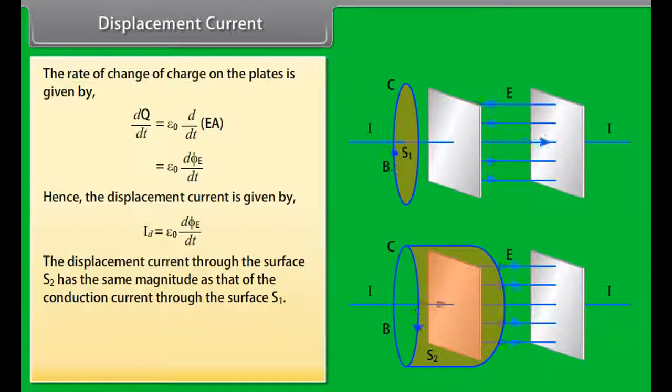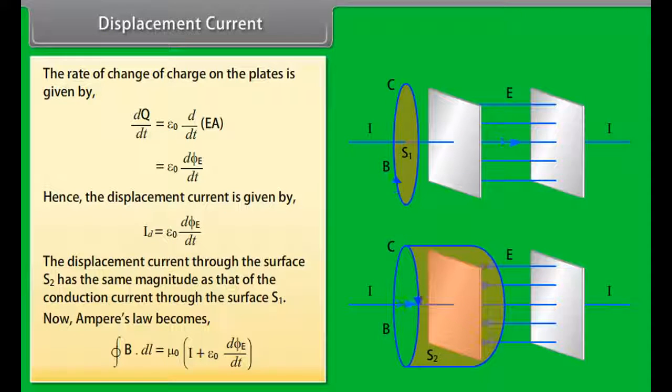The displacement current through the surface S2 has the same magnitude as the conduction current through the surface S1. Now, Ampere's law becomes: closed integral of B dot dl is equal to mu naught multiplied by (I plus epsilon naught d phi E by dt).